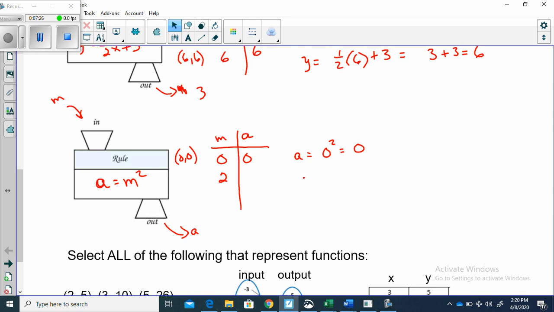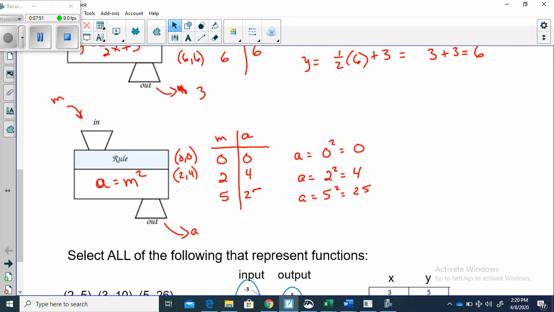A is equal to m squared, 2 squared, which is 4. So this coordinate would be 2, 4. What if I put in 5? A is equal to 5 squared, and 5 squared would be 25.